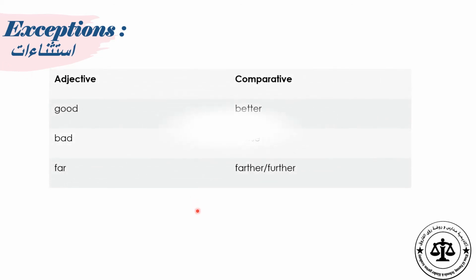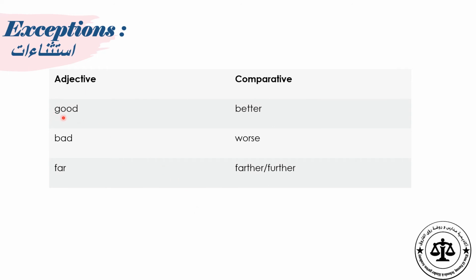Now I want to talk about some exceptions of this rule. If we want to compare two items together and we want to use the adjectives good, bad, far, and so on, we have a change of this rule. Look here, this is an adjective, good.